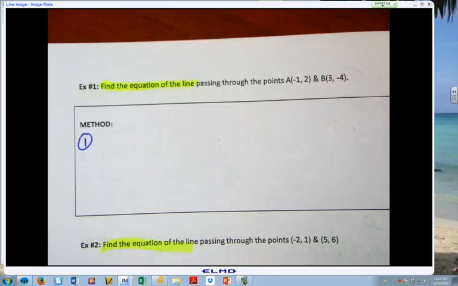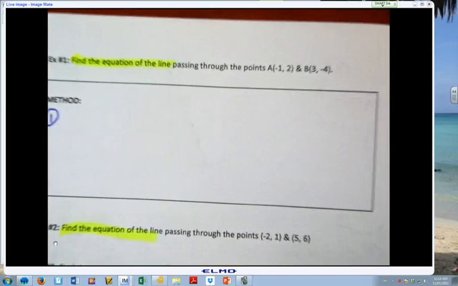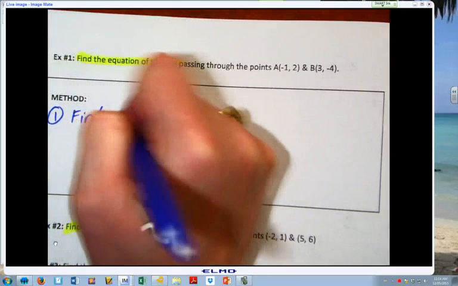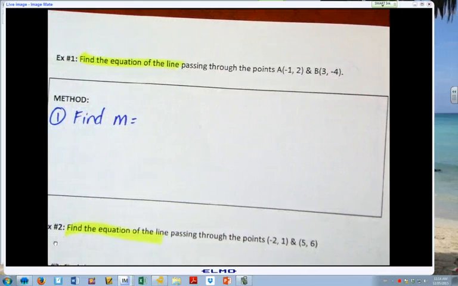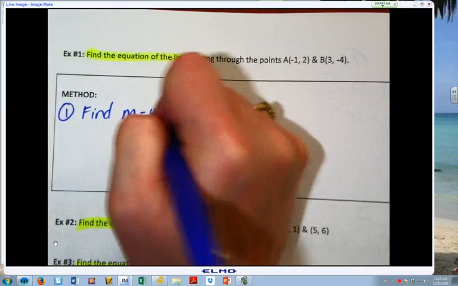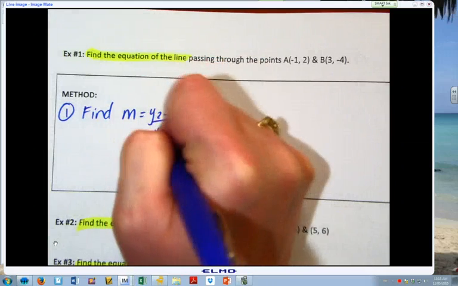Method, step 1: find m. And 95% of the time we're going to use the slope formula, which is y2 minus y1 over x2 minus x1.